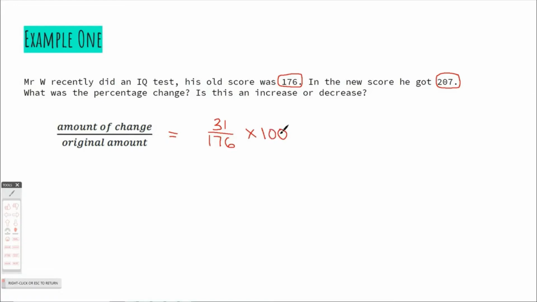And then I'm going to multiply this by 100 so we can work out what the percentage change is. So 31 divided by 176 times 100 is 17.61%. This is our percentage increase in Mr. W's IQ.